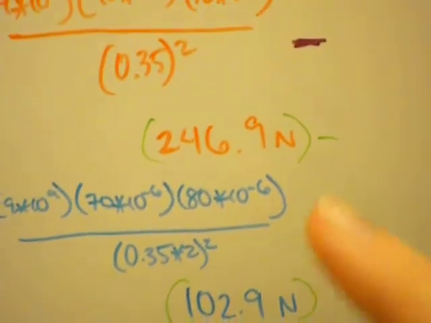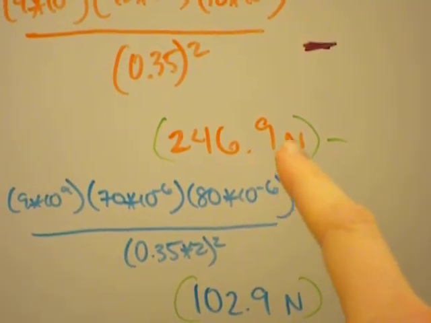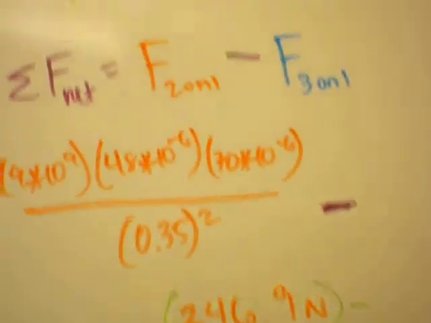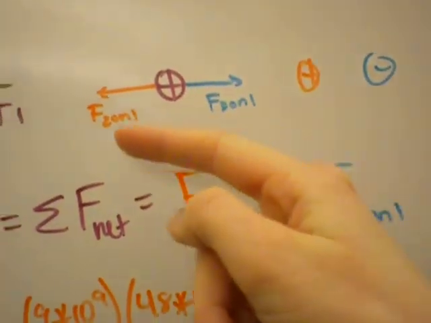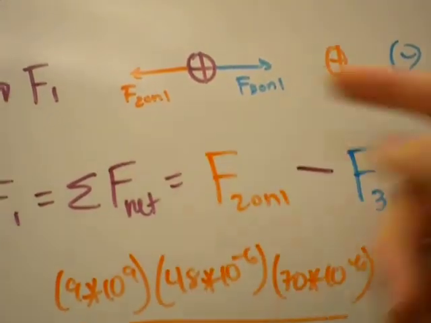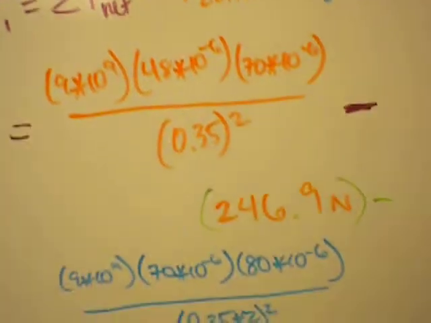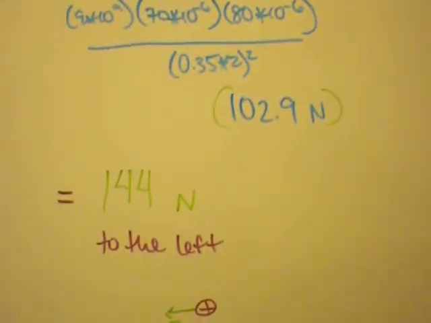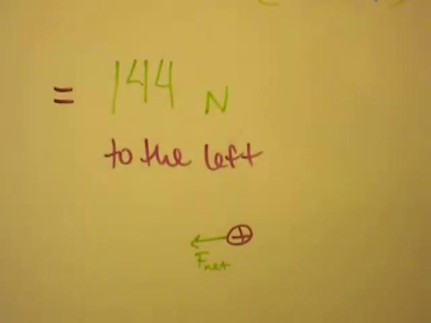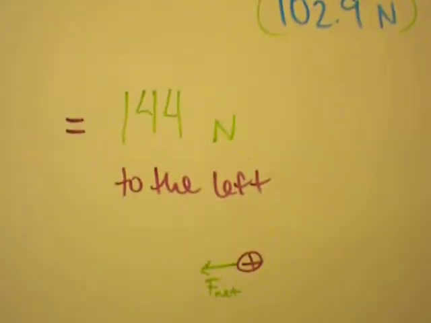And we can see that the orange is bigger than the blue, so that means the net force is going to be towards the orange, so towards the left. So the net force is going to be to the left, and that's charge number 1.